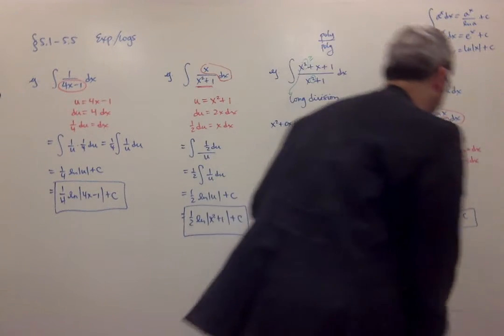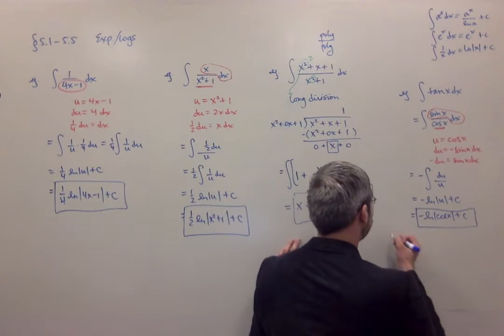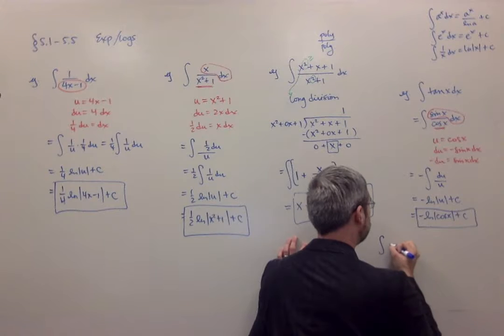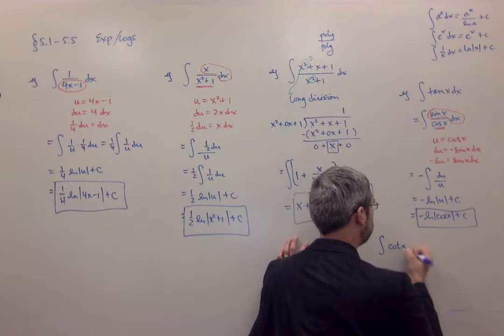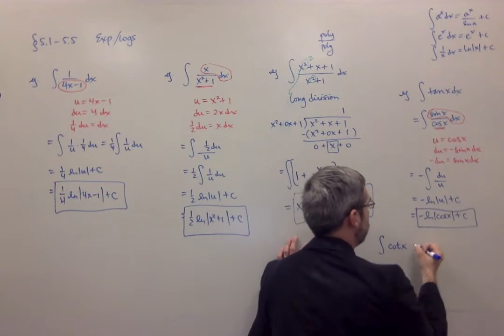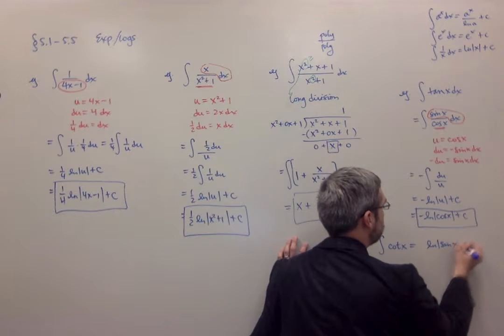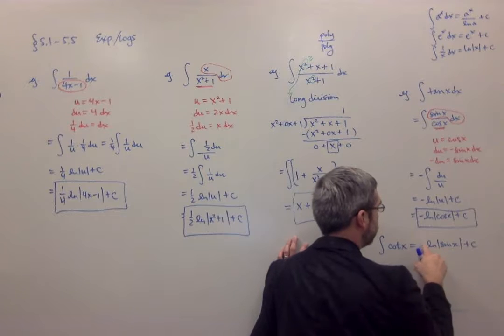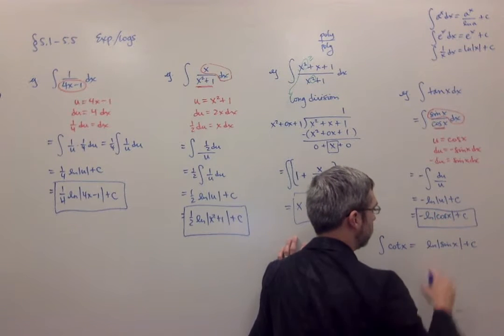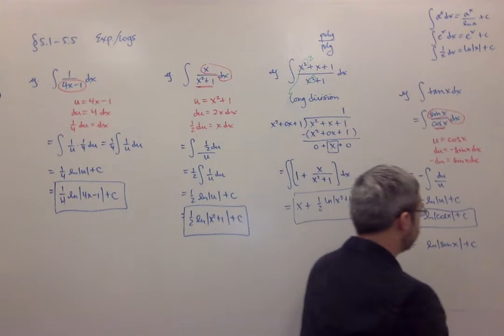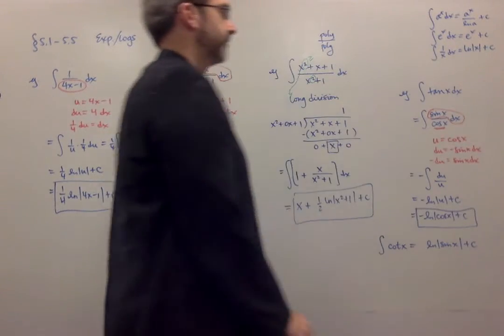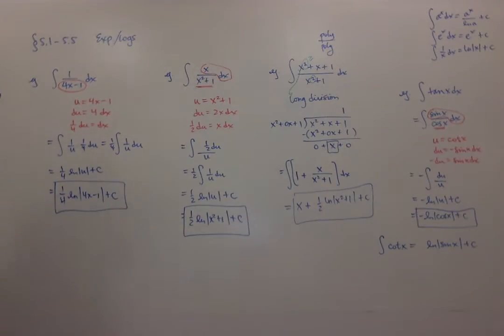In a similar way, I don't want you to memorize the antiderivative of cotangent. You can actually derive it in the same way. It turns out to be the natural log of sine, but there's no minus sign out here, so the derivative of the cofunction kind of gets rid of the minus sign there. All right.